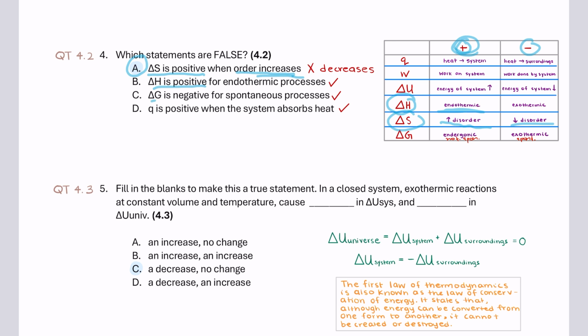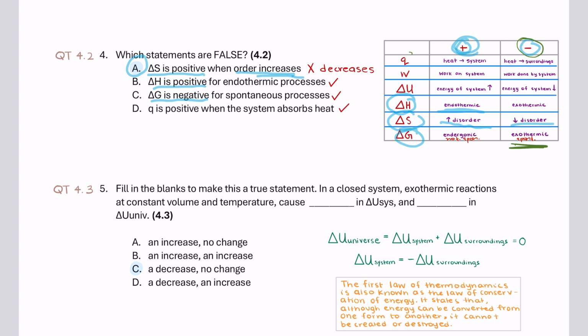C says delta G is negative for spontaneous processes. Delta G represents the Gibbs free energy change, and a negative value for delta G means that the process can occur spontaneously. That means it does not require energy input or continuous energy input to happen. That makes this statement true as well.